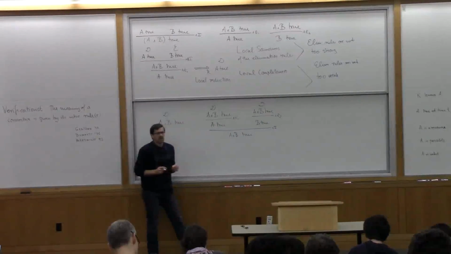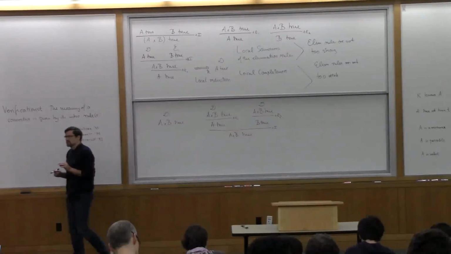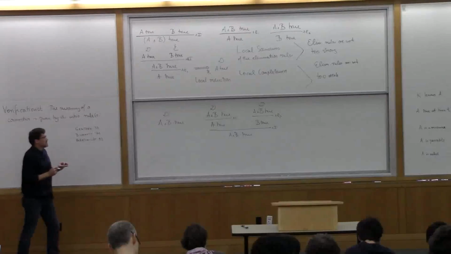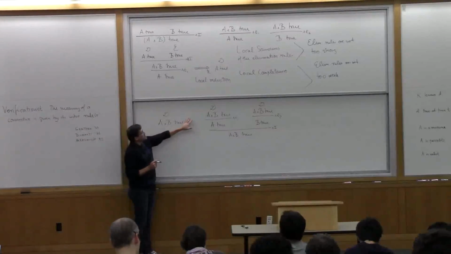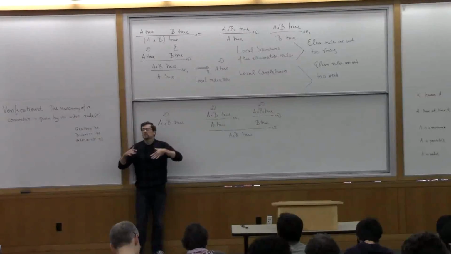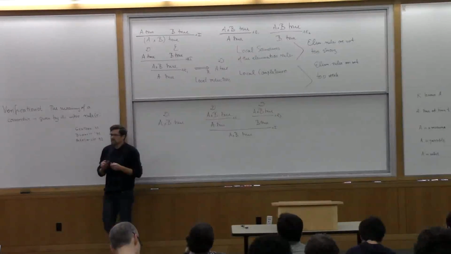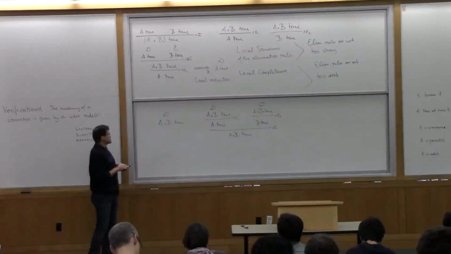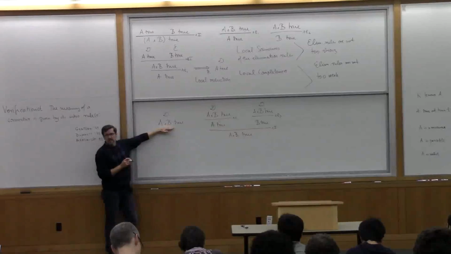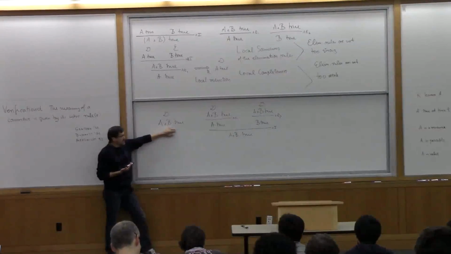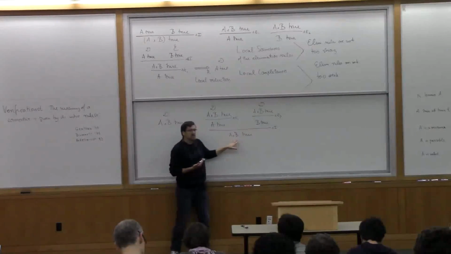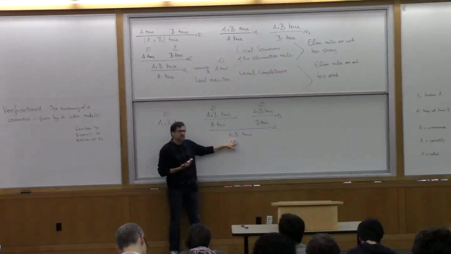So let me try to say it again, because this is very important. The question of whether the elimination rules are locally complete means that they're strong enough so that we can take an arbitrary proof of the connective and apply the elimination rules in such a way that from the judgments that we get, we can reintroduce it.